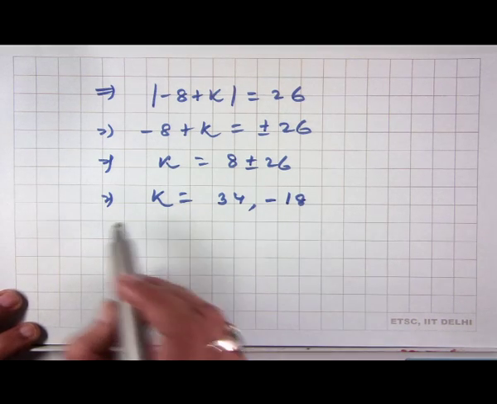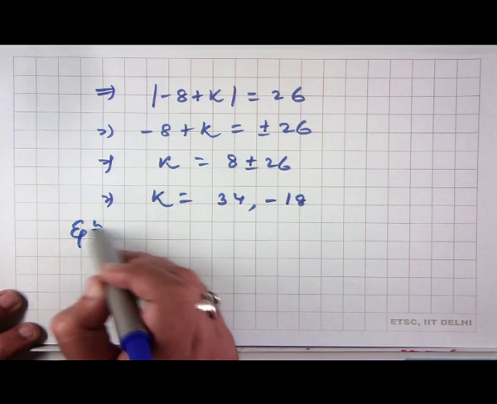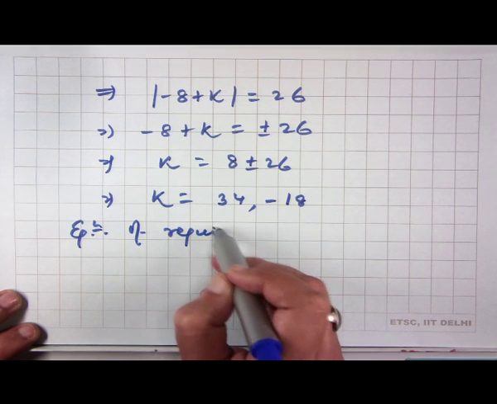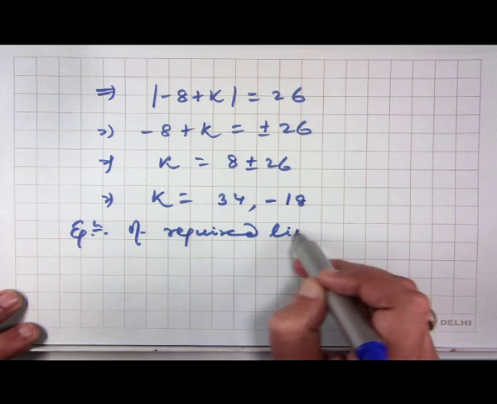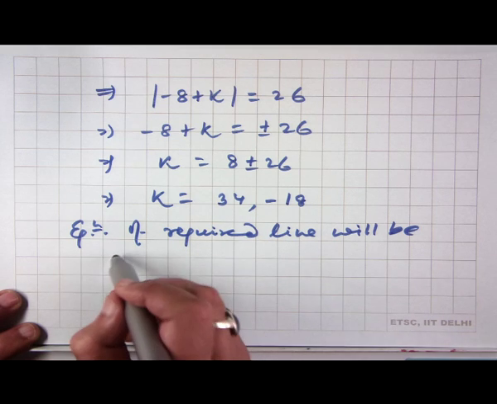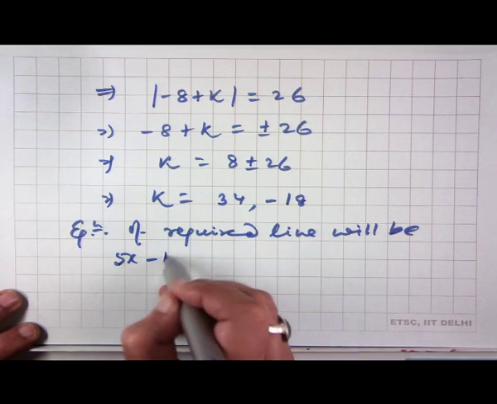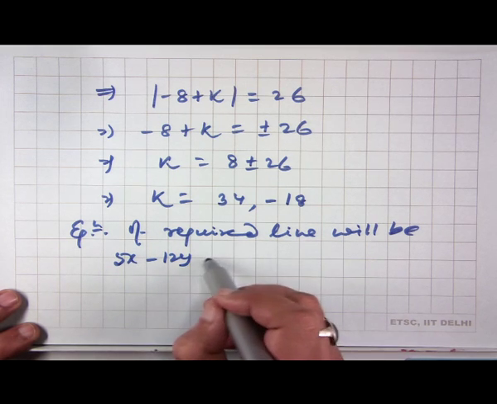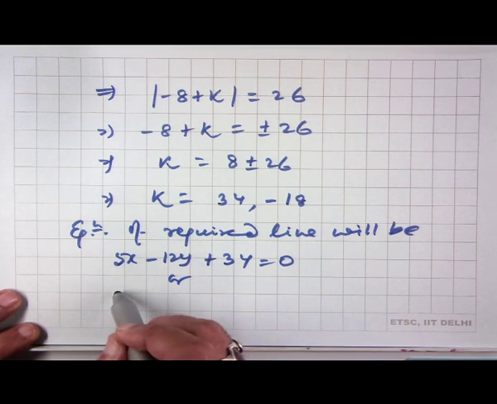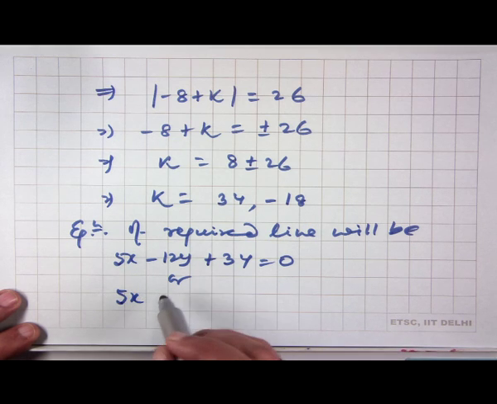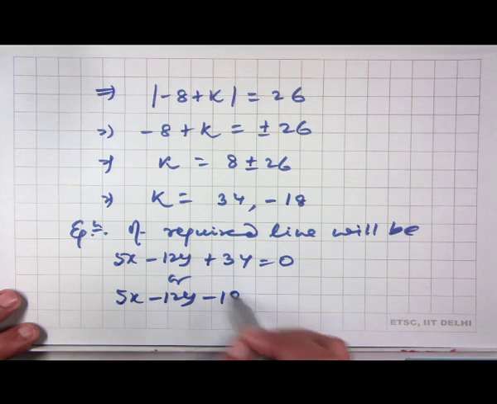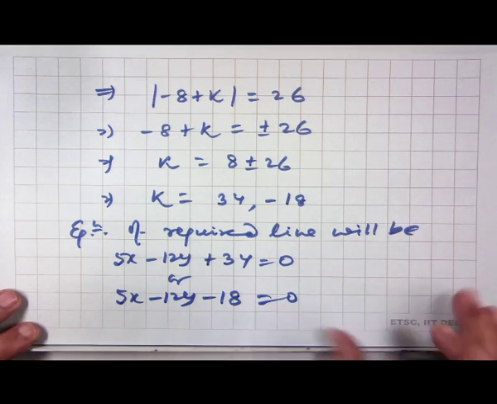So the equation of the required line will be 5x − 12y + 34 = 0, or 5x − 12y − 18 = 0.